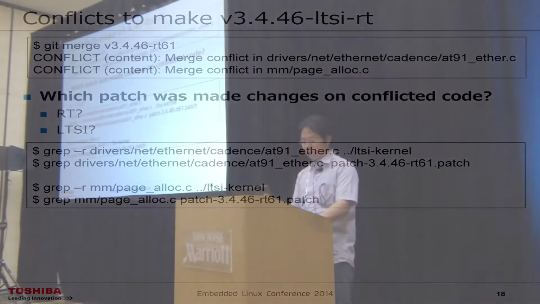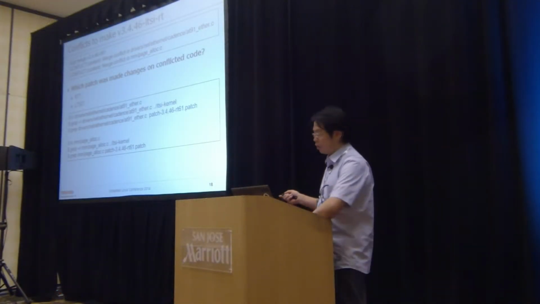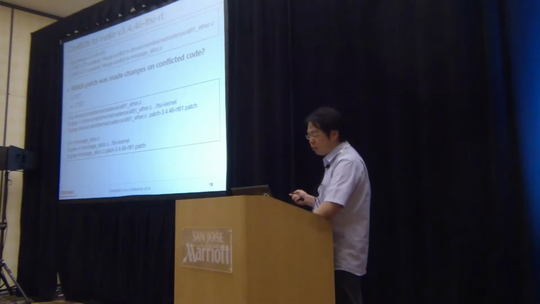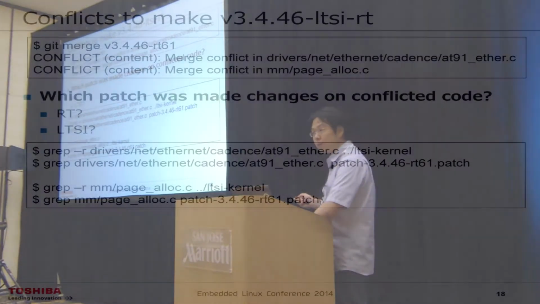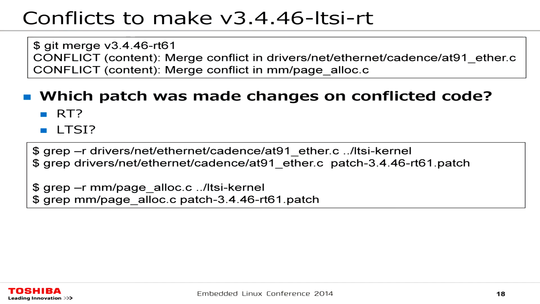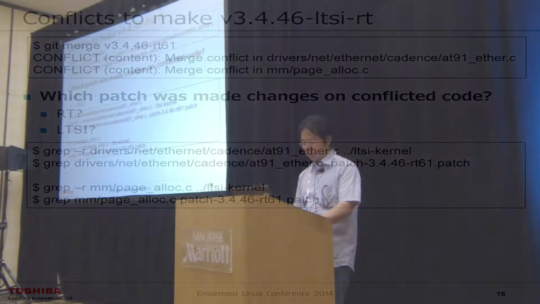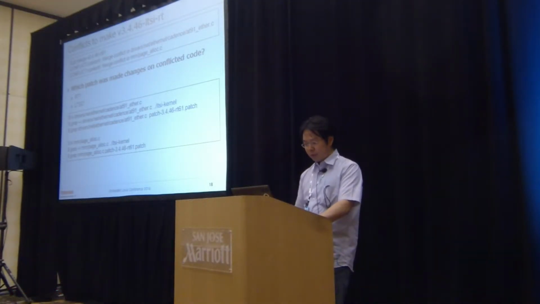So to check the LTSI conflict, you can use a grep command to check that. Also, you can use a git merge tool to check that. But I usually do it by the command. It might be easy for me.